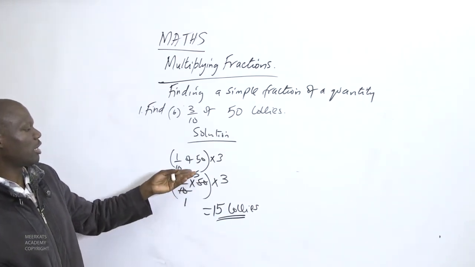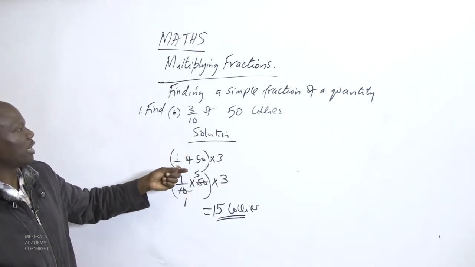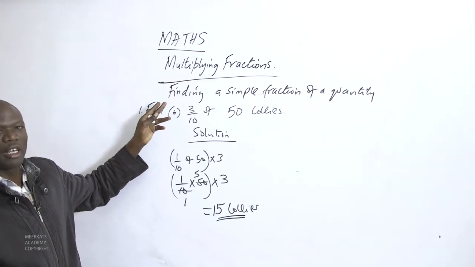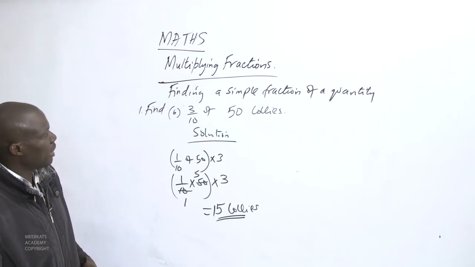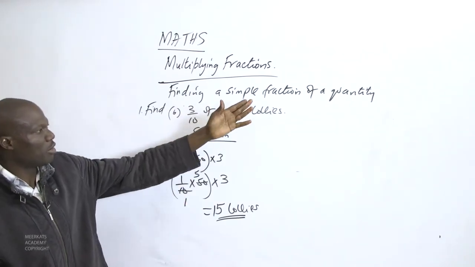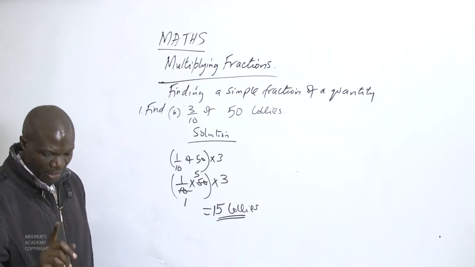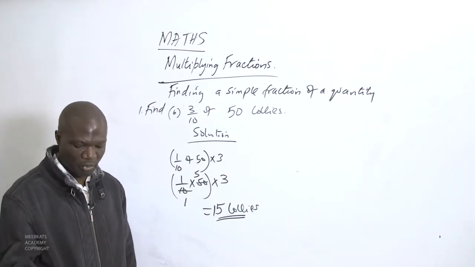So we are able to get the number of lollies in case we are asked to find 3/10 of 50 lollies. That is it when you are finding a simple fraction of a quantity. Let us look at multiplying proper fractions.